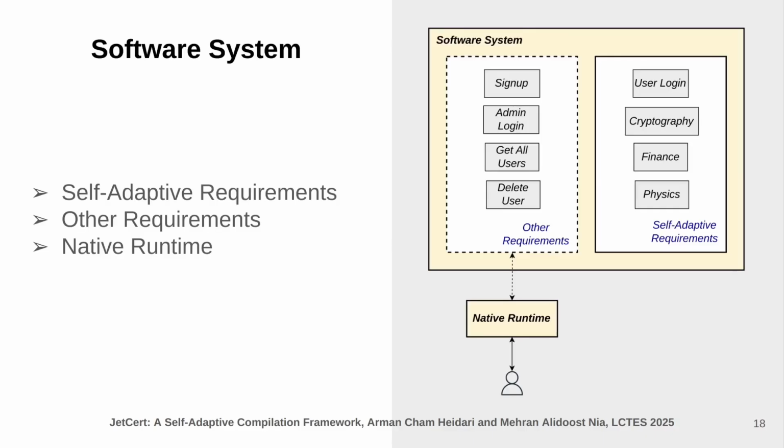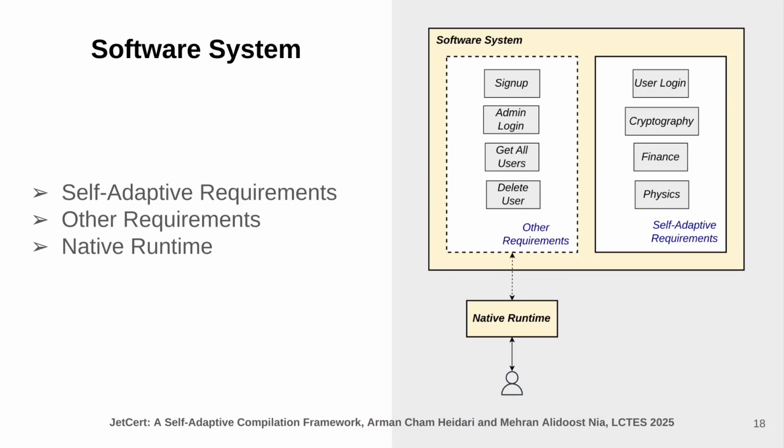As an example, we implemented a safety critical system with JetCert, and we will see its experiment. This system has 4 self-adaptive requirements: user login, cryptography, finance, and physics.